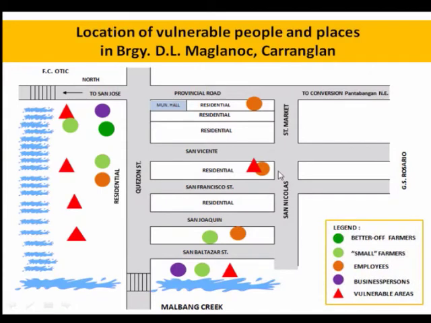This is an example of a vulnerability map which was produced through participatory workshop. And here you can see areas which are coded with different colors and different shapes that are actually representative of different stakeholders, and also showing the vulnerability of the areas.